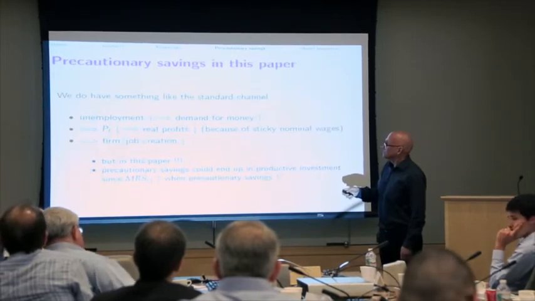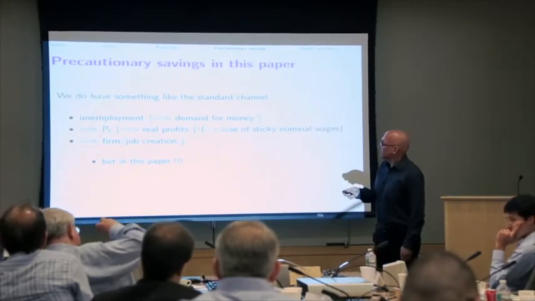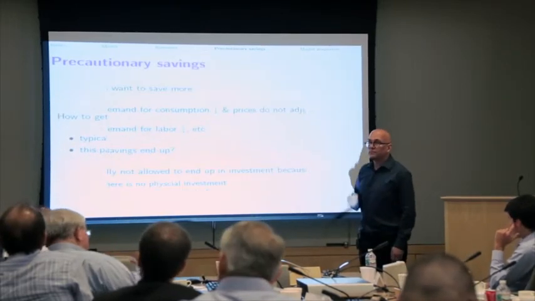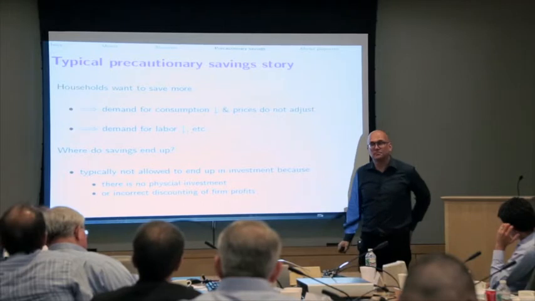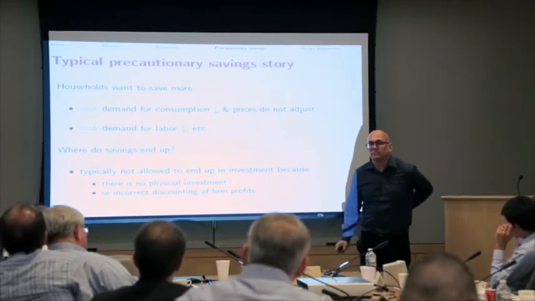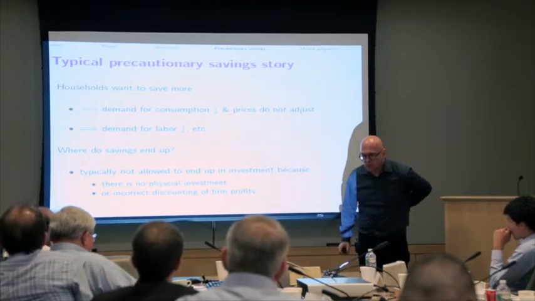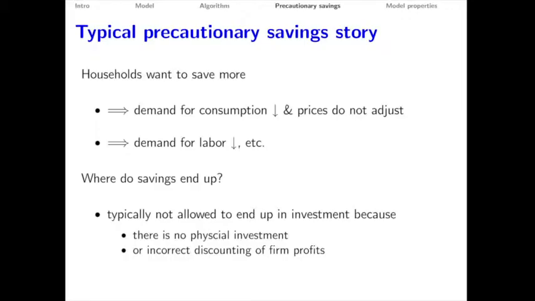So your precautionary savings is generated by the possibility that the aggregate unemployment rate moves up. Exactly. Not that you're saving in case you lose your job. Well, in this model, the separation rate is exogenous.